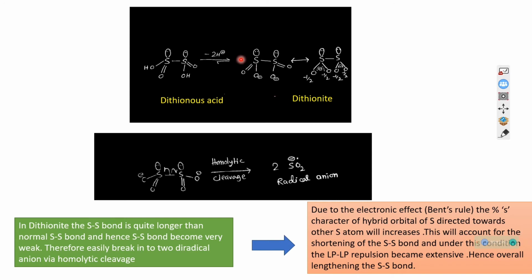So if you consider this sulfur atom as a central atom, there are two oxygen atoms and one sulfur atom connected with this sulfur atom.